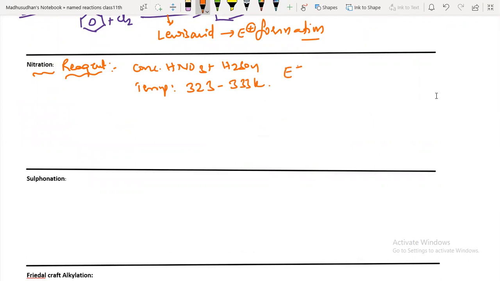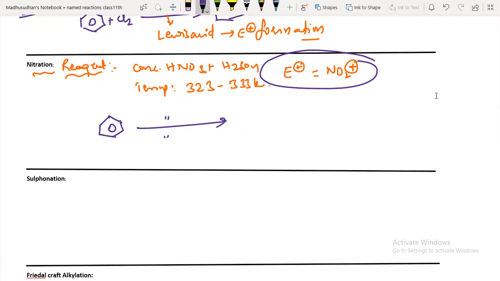And the electrophile formed in this reaction is NO2 plus. Very important, guys. So when benzene ring on nitration, what are the reagents, guys? Here you have to write the reagents. NO2 plus is the electrophile, and concentrated HNO3 and H2SO4 are the reagents.